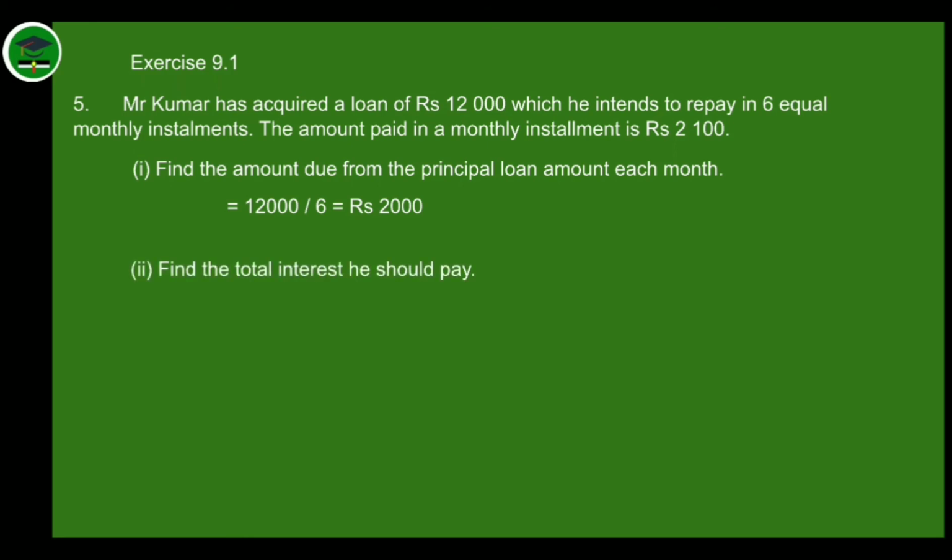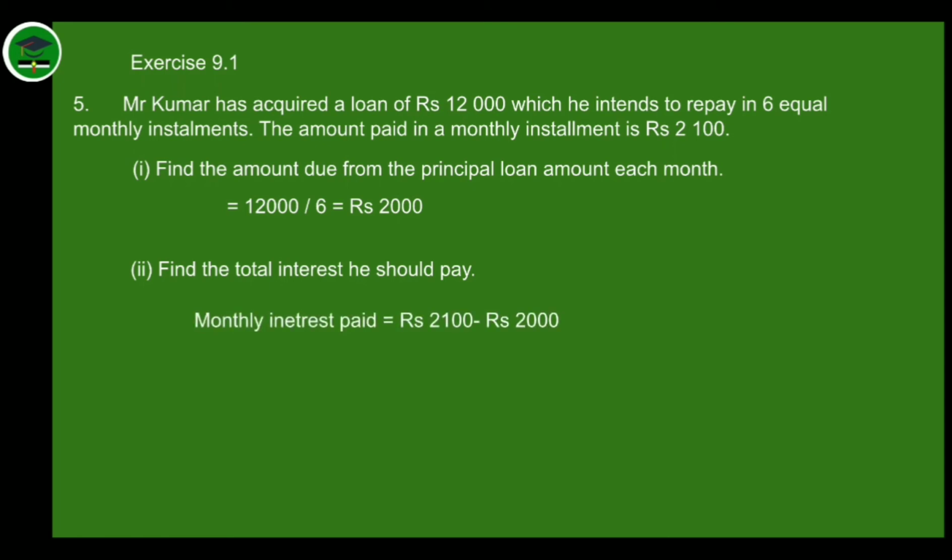The second problem is find the total interest he should pay. How can you find the total interest? You know monthly installment is given as 2,100. So shall we find the monthly interest paid?